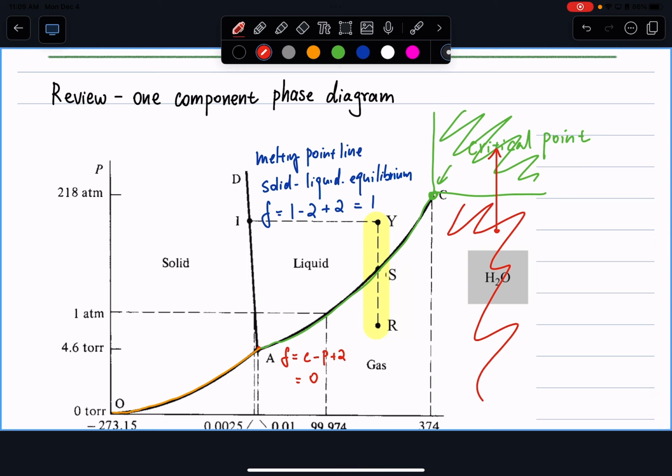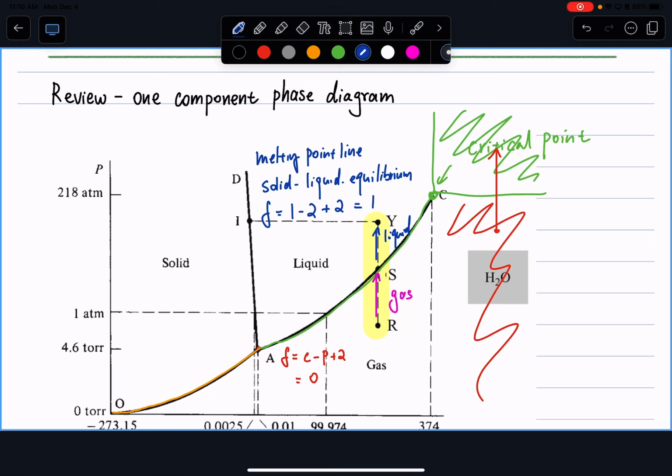First of all, we want to look at the point R here. Let's look at this process between R to S in gas phase, and between S to Y, this one is in liquid phase. Let's just write out what we know in this problem and how you approach this kind of problem. So that's the plot we're aiming for.